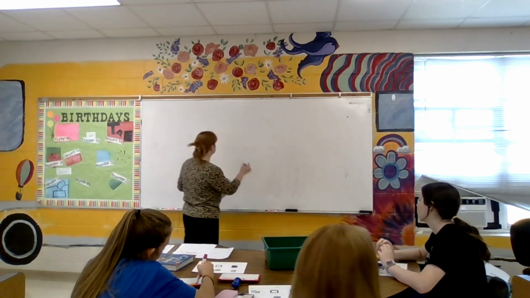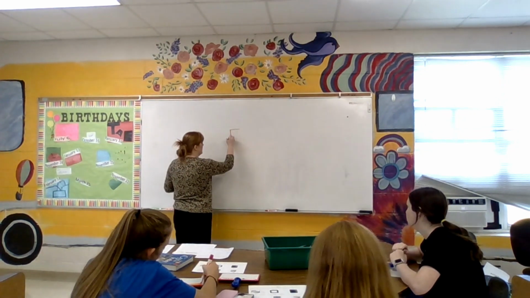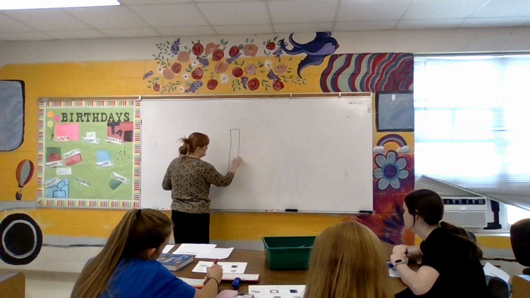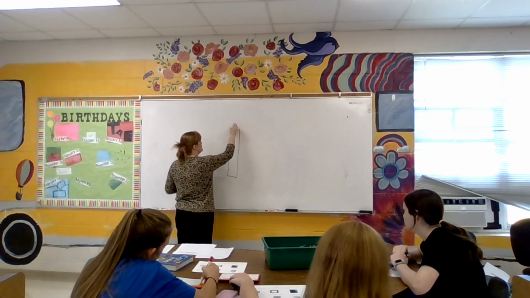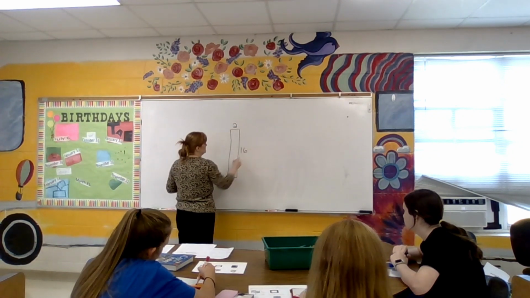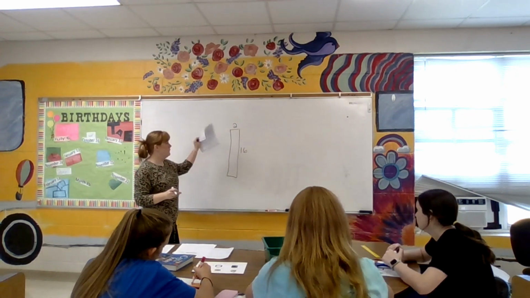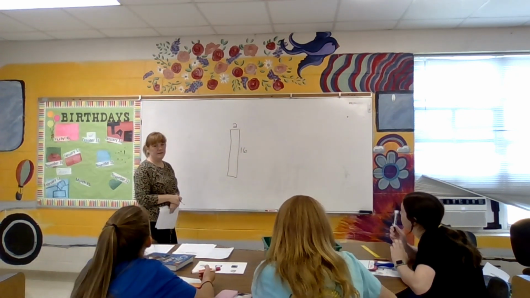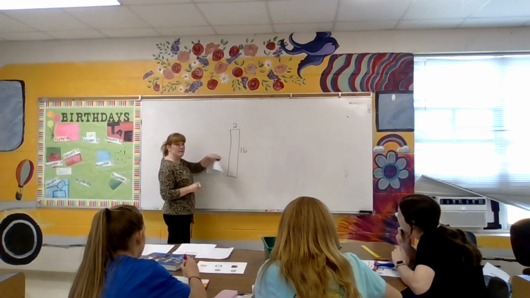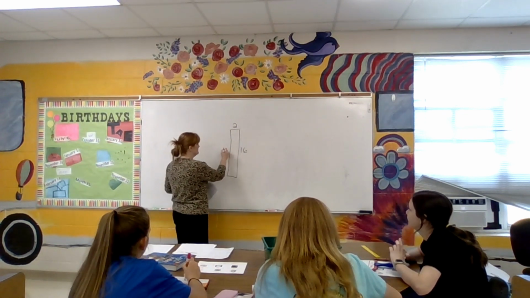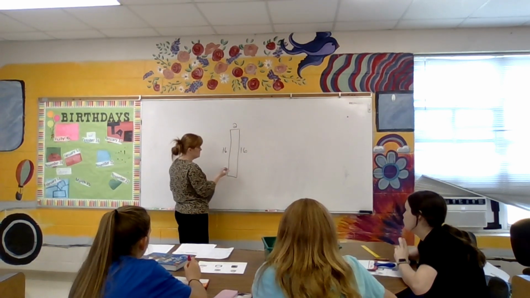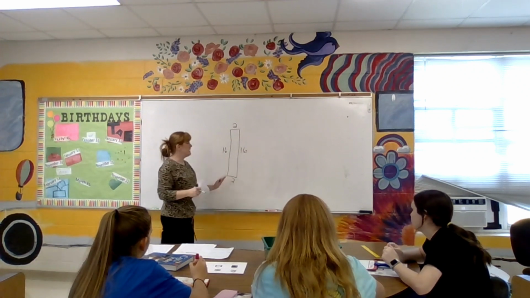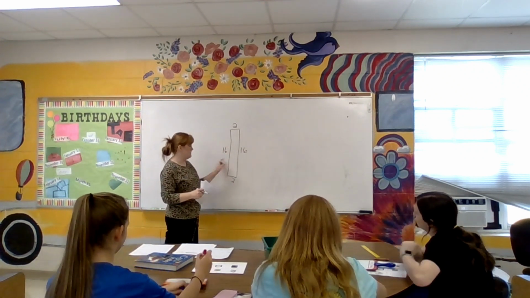All right, let's do another one up here. If I have a skinny rectangle, a long rectangle, and this is 2, let's say this is 16, what would my perimeter be? First off, what is this side going to be? 16. What is this side going to be? 2. Okay, just a rectangle, we know the width's going to be the same, the length's going to be the same.